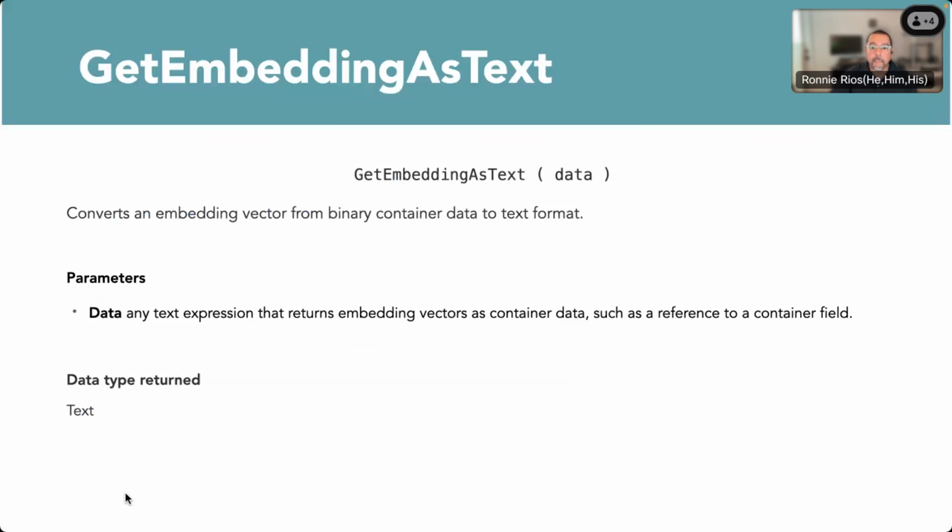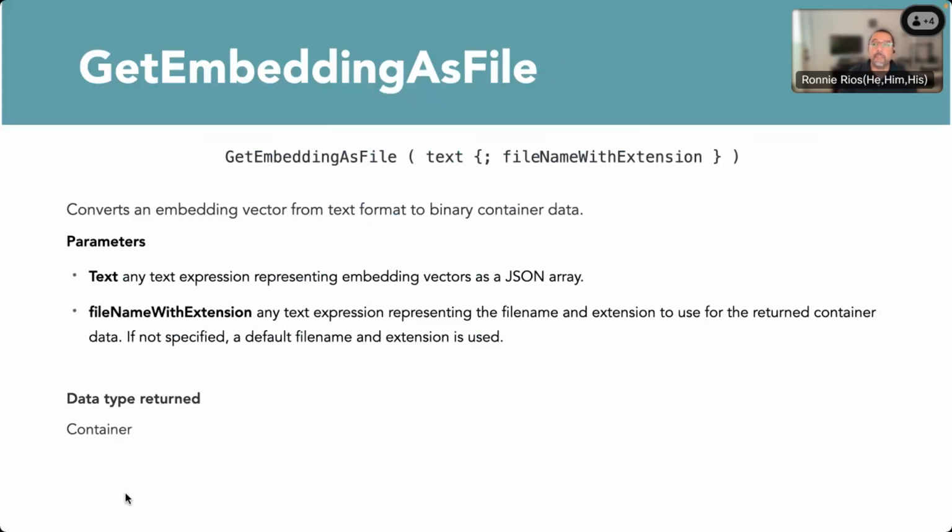Good. All right, there are two other functions that I want to go over very quickly as well. And they allow you to manipulate the resulting vector embeddings. So the get embedding as file and get embedding as text, these are counterparts to one another. These functions allow you to convert vector embeddings between text and between binaries. So we've got script steps and functions that can create vector embeddings on either text or binary.